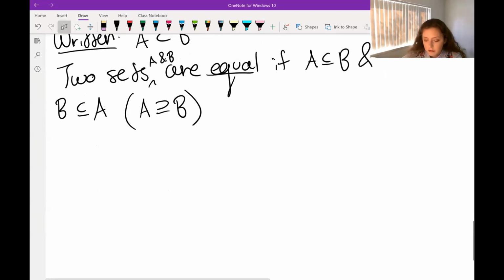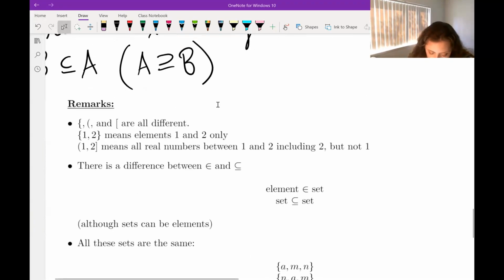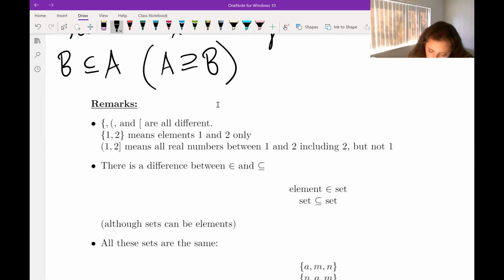All right, some remarks. First thing I wanted to mention is that these are all different. This one and this one both have to do with intervals on the real line. The hard bracket just means I'm also including that number, and the soft bracket means I'm not including that number.